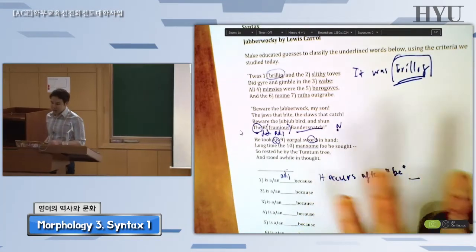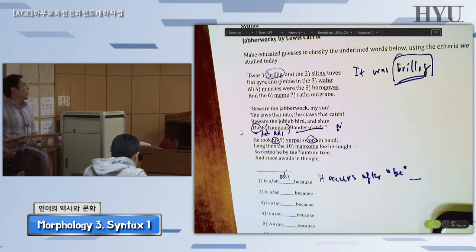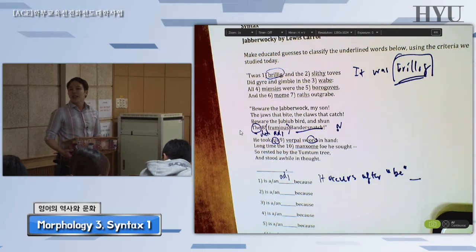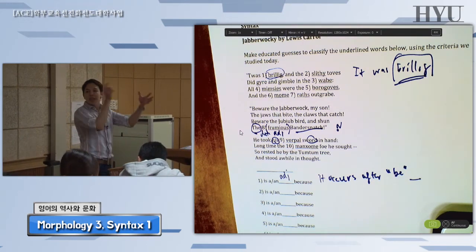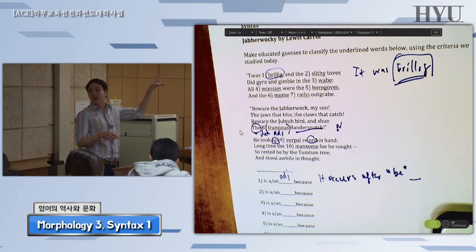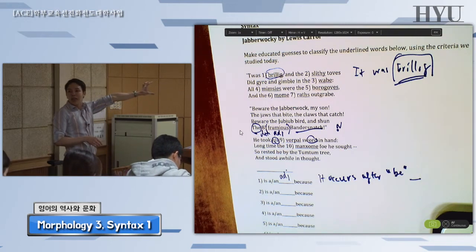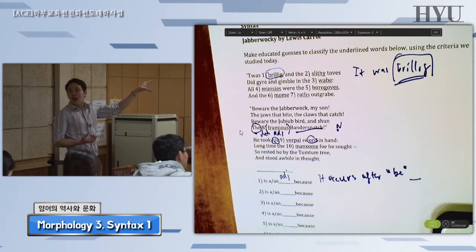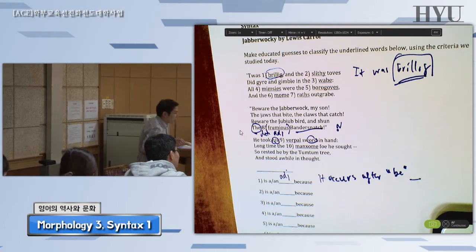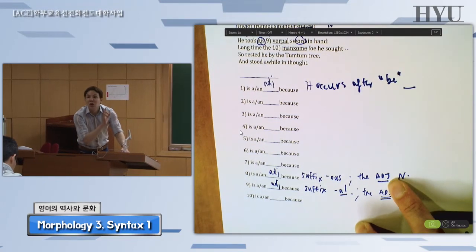Okay. Number 4, mimses, right? Why is it a noun? Or what kind of word is it? Remember things that have to do with numbers. Numbers, all is a determiner. So all is a determiner, and then you have mimses after all. It's just like that pattern that we just saw: determiner, adjective, and noun. But in this case, there's no adjective.